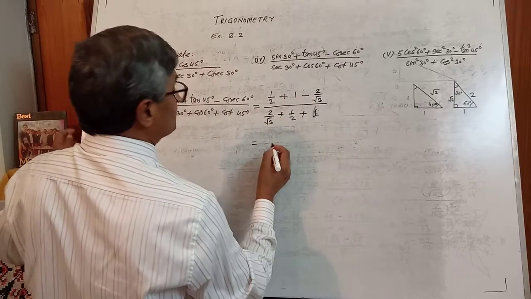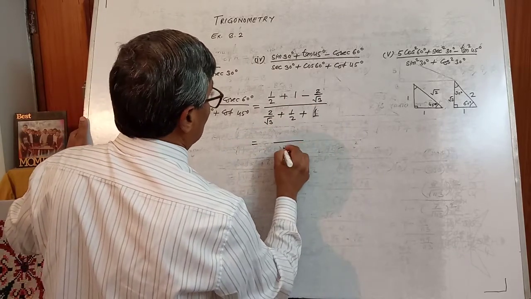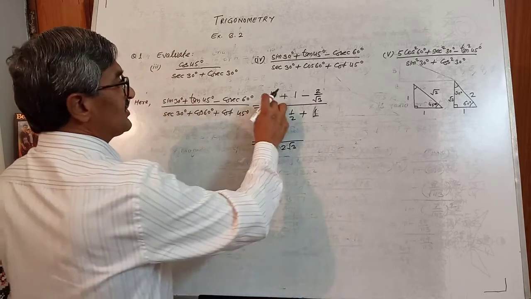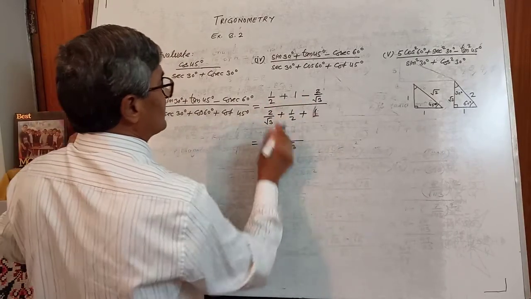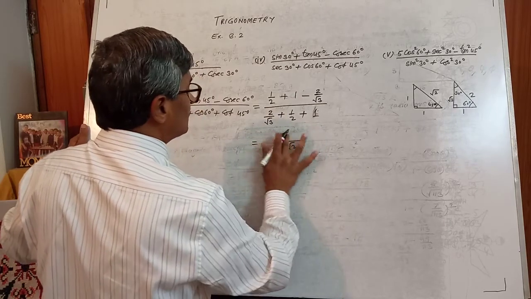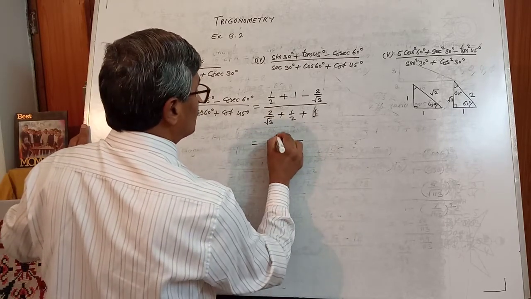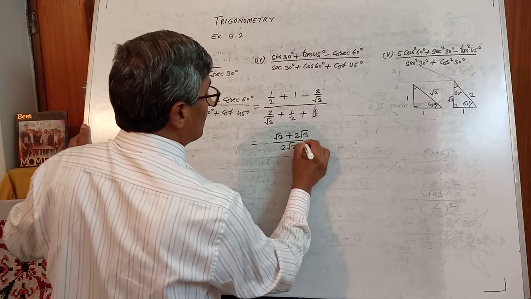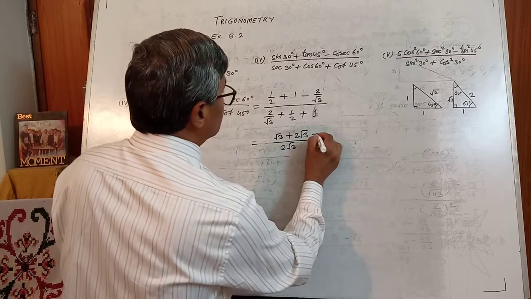Now here you have to solve again. Take LCM. Here the LCM is 2 root 3. Then this will be 1 plus root 3, this will be root 3 plus 2 root 3 minus 4.